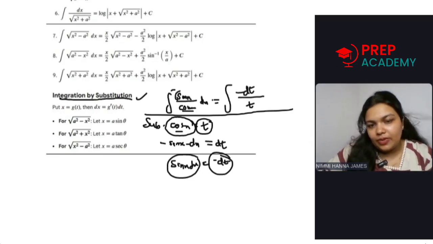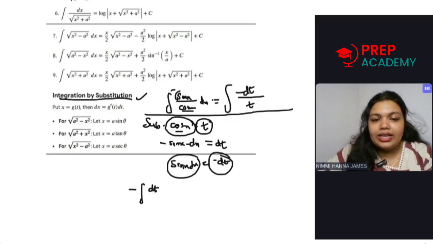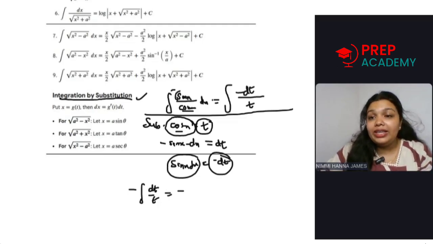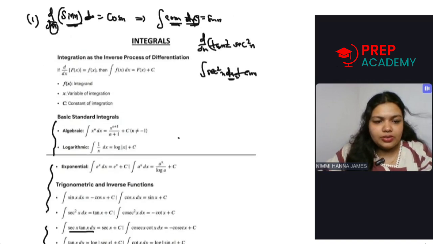Now we can take minus outside of the integral, as we take minus outside of a differential. So minus integral of dt by t. What is the integral of 1 by t? Let's check the formats.